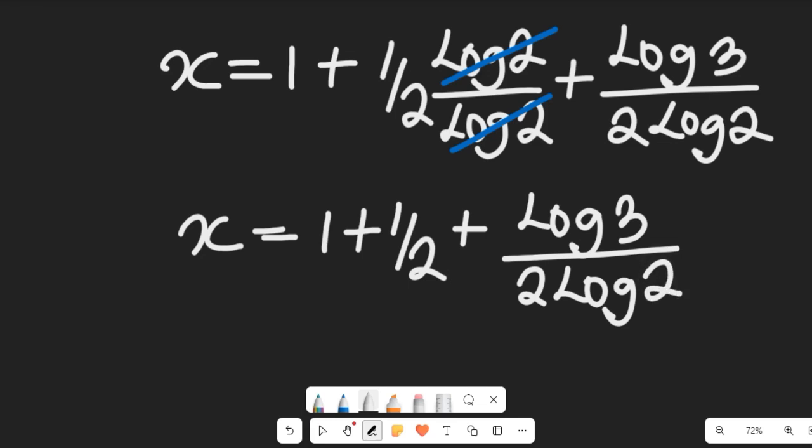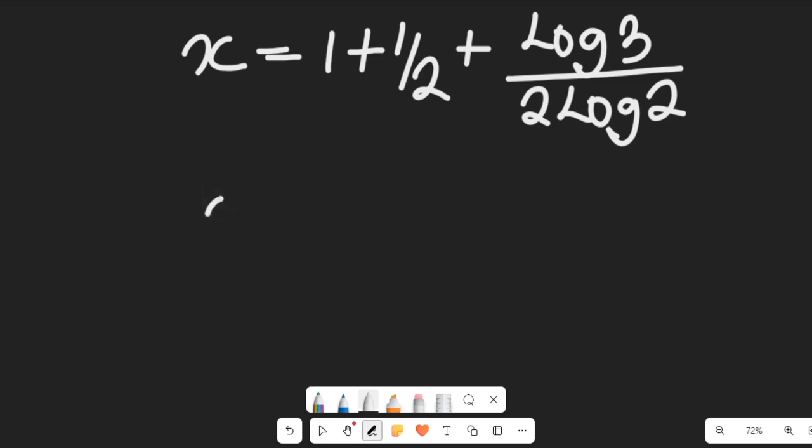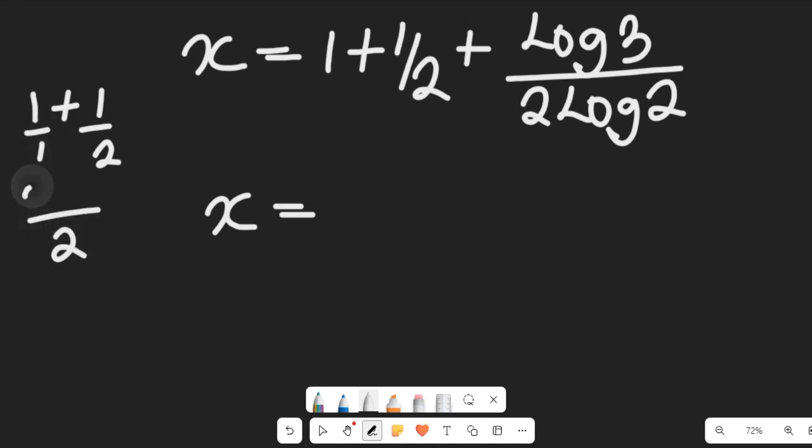1 divided by 2 plus 1 divided by 2 is simply going to give us, the next step, our x to be equal to, using laws of lowest common multiples, 1 plus 1 divided by 2. This can be 2, and this will be 2 plus 1, and that will be equal to 3 divided by 2, right?